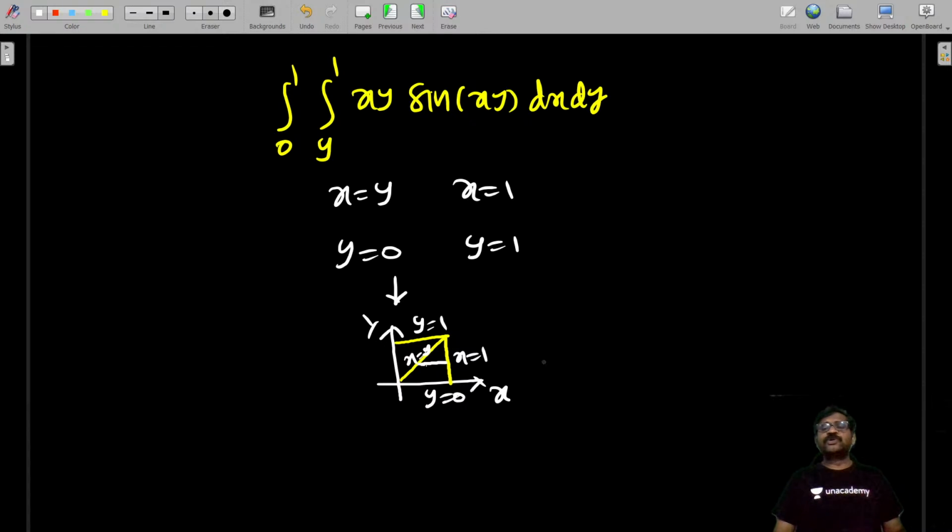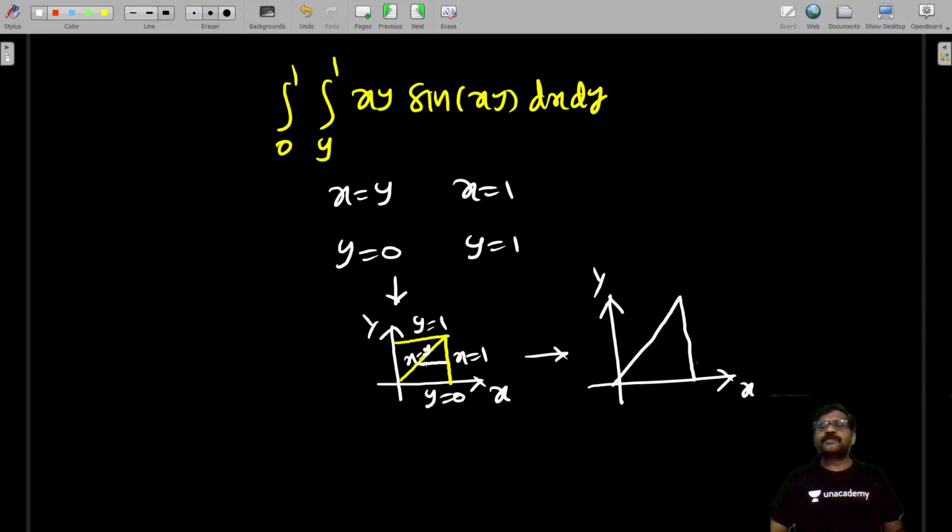Now I am going to change the order of integration. Changing the order of integration is nothing but changing the order of the strip. X axis, y axis. Now x equal to y, x equal to 1. In the given integral it is a horizontal strip; we have to consider a vertical strip.